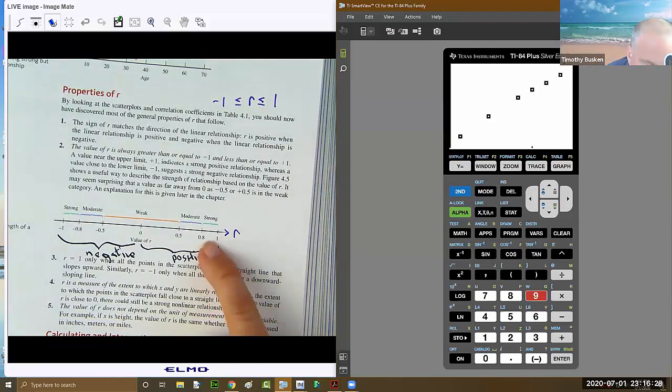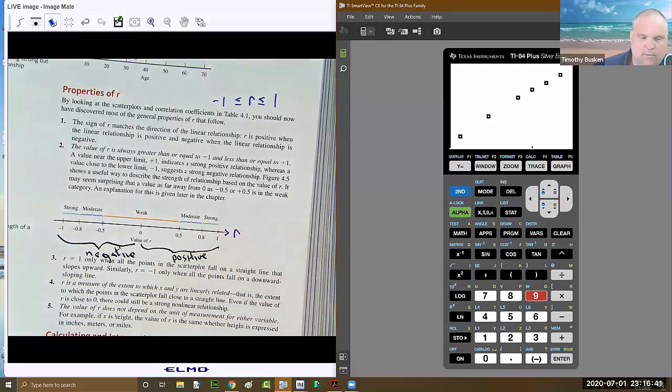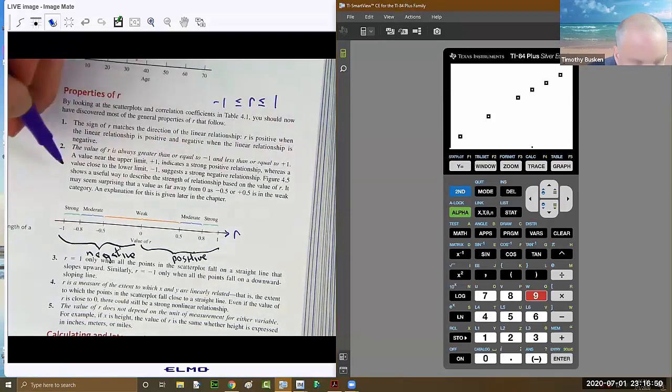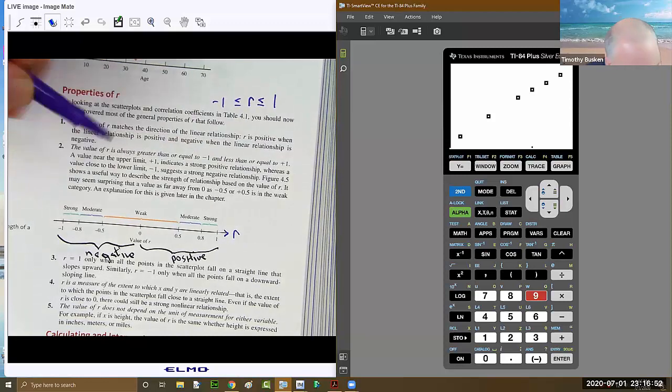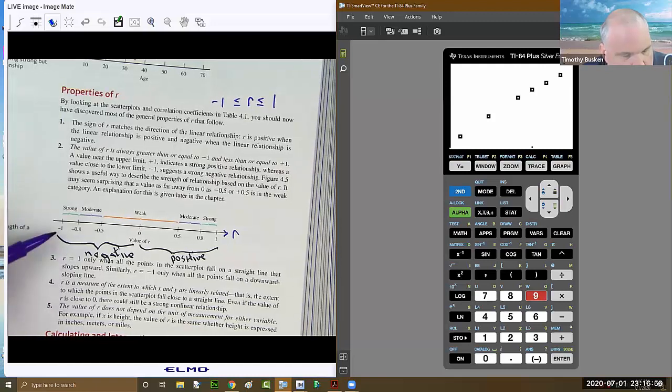If the value of R is close to 1, well, then you've got a strong positive relationship. And when you say strong positive, you're indicating what the direction and strength or magnitude of the relationship is. Whereas right here, a value close to the lower limit, -1, suggests a strong negative relationship.